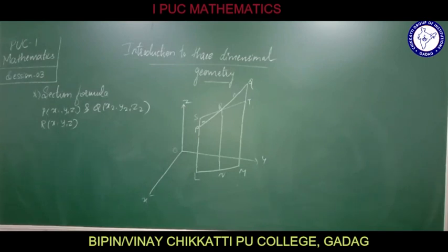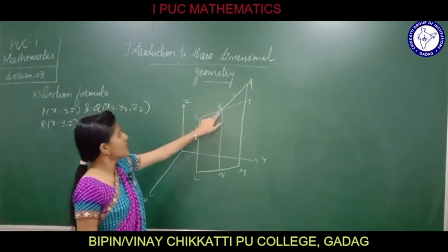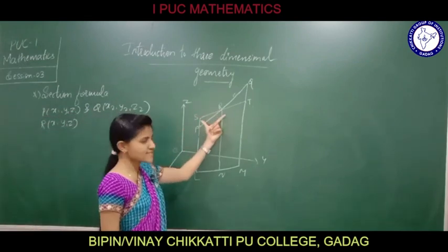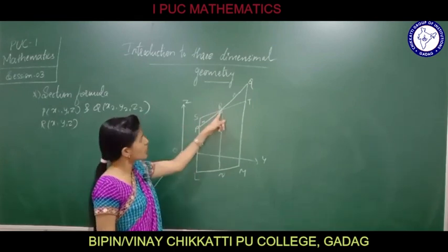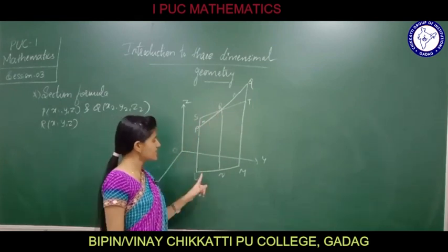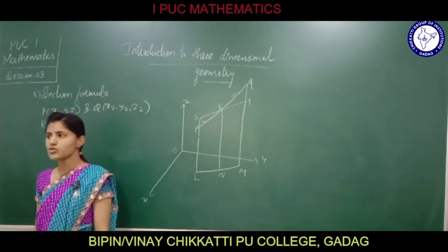Through the point R, we have drawn a line ST which is parallel to line LM.